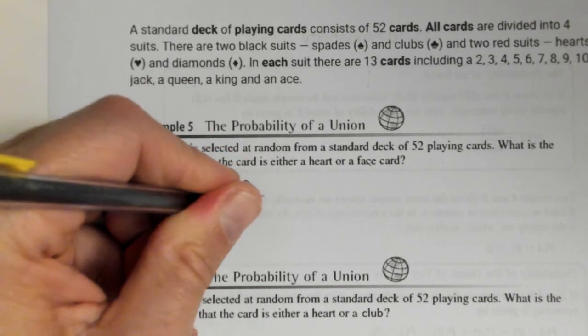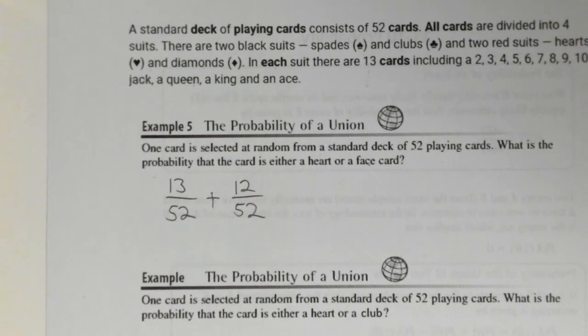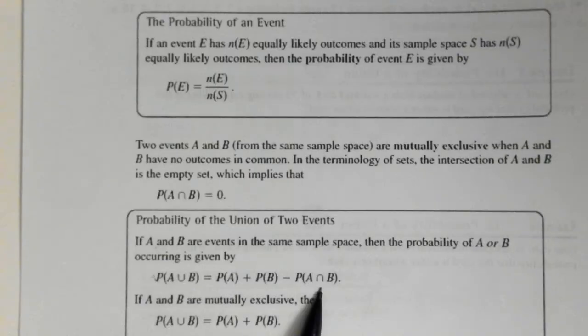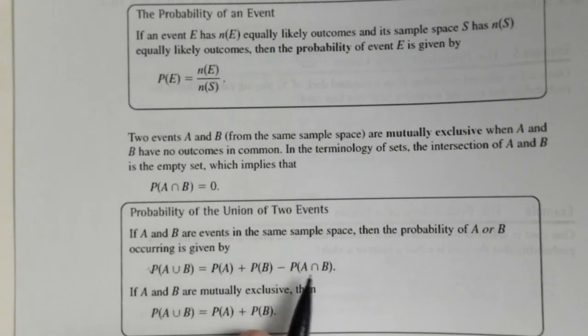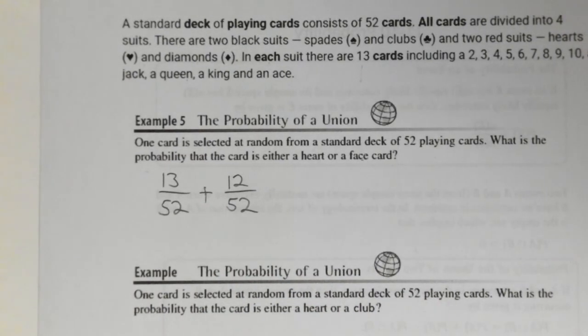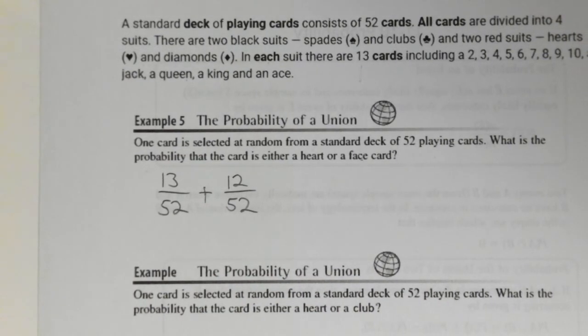That's 12 over 52. Now, remember, these two events are not mutually exclusive because they do have cards that are a part of both categories. So I need to subtract off whichever cards are a part of both categories. How many cards are hearts and face cards?